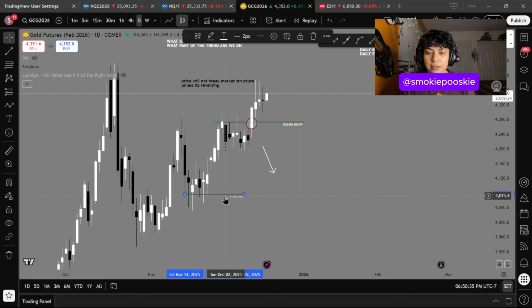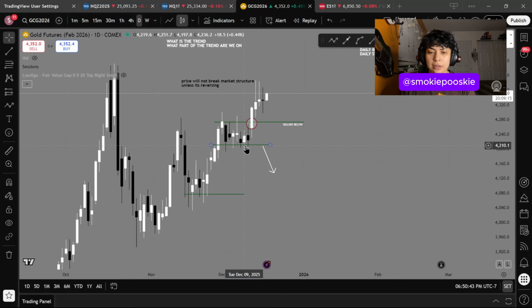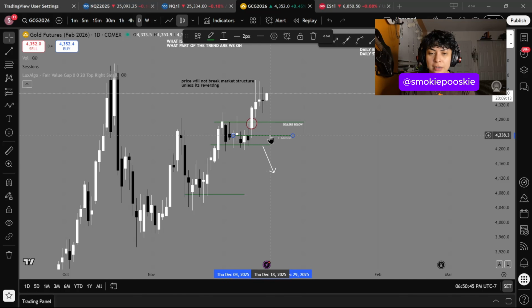I have a low here. A low here. I have a tiny little high here. I have all of that, right? Why would I care about what's all the way down here or here when price is all the way up here? Until price starts to near these levels, then okay, go back and start marking your levels.